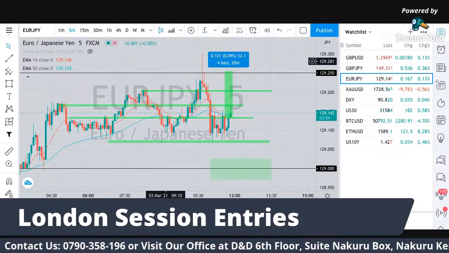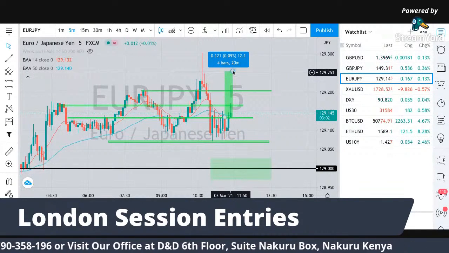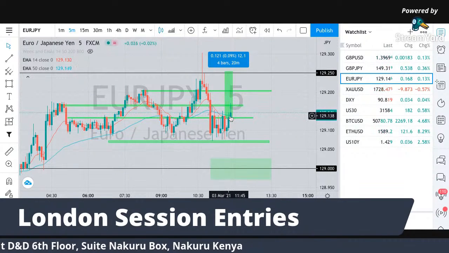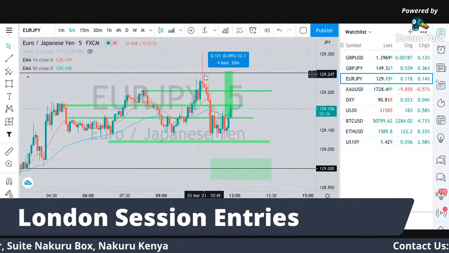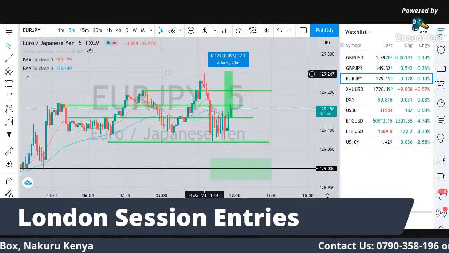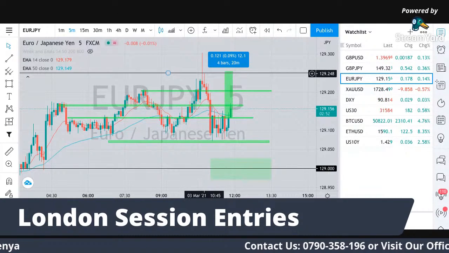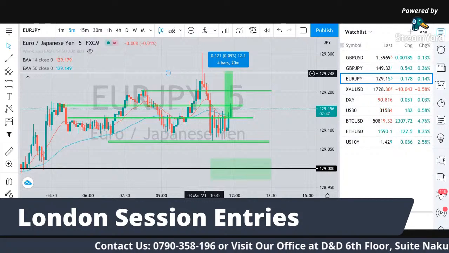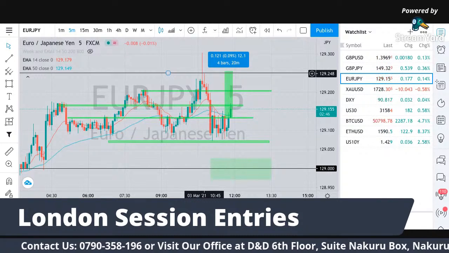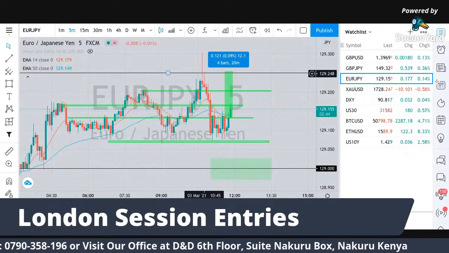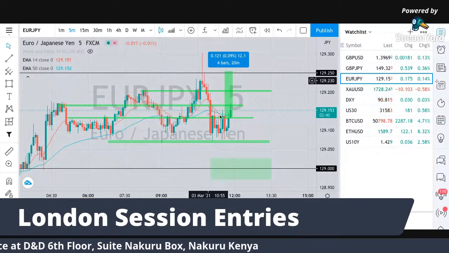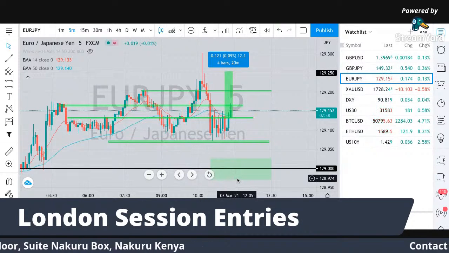Now, you see, my entry, before I even put my entry, I've looked at the structure. Since it is a sell, my stop loss has to be above the high of the day. I don't know if you're getting me. My take profit is not standard.